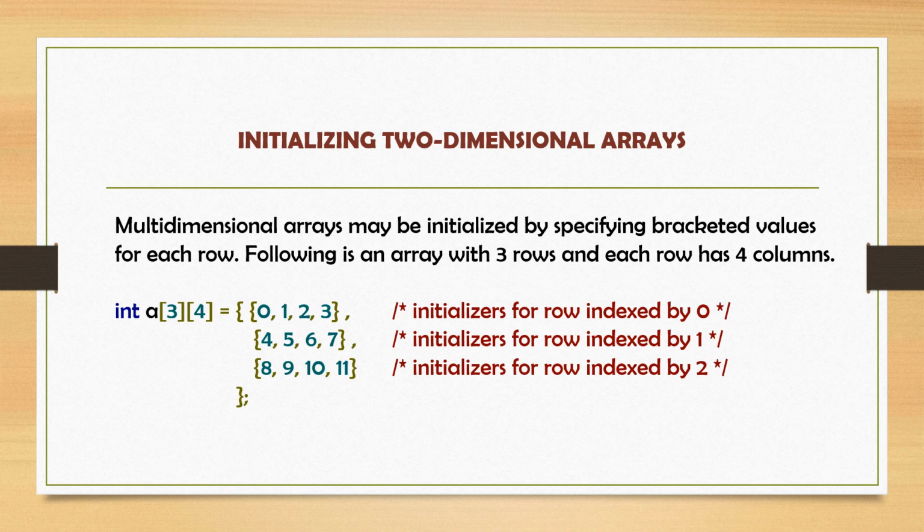The first row is indexed by 0 and it has 4 columns. The second row is indexed by 1 and the third one is indexed by 2, like that. Each row must be separated by curly braces.